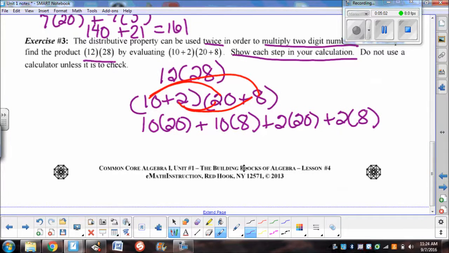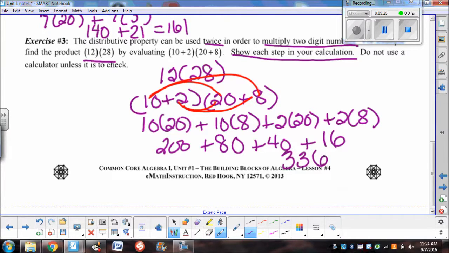Okay, so now I end up with, I just have to pause for a second, somebody's knocking at the door. Okay, I'm back. So 10 times 20 is 200, plus 80, plus 40, plus 16, which gives me 336. So we just double distributed. We played a little game there with our multiplication to involve this property.